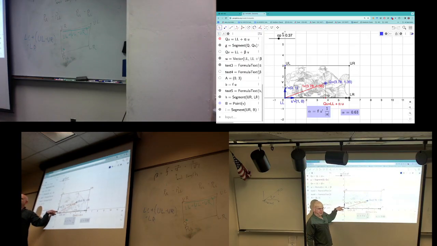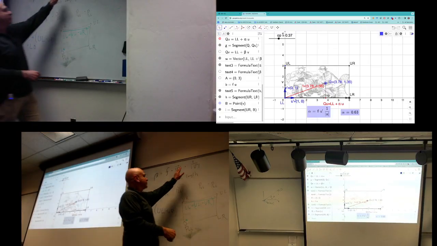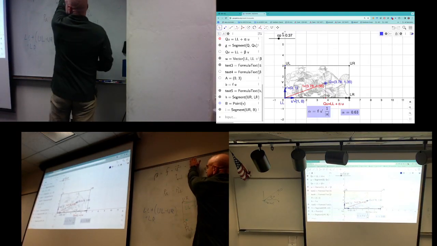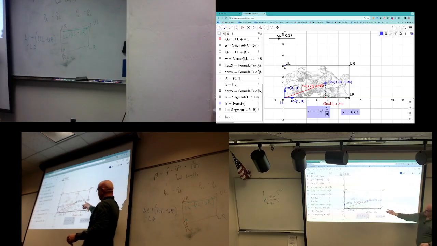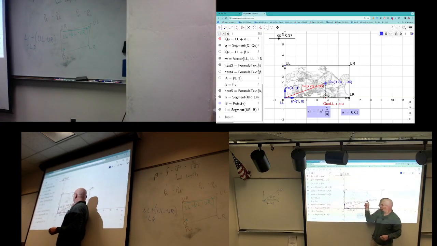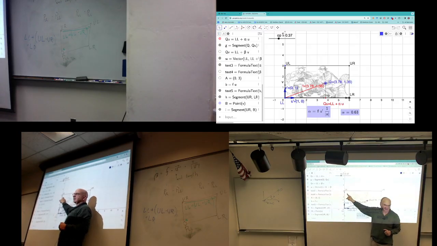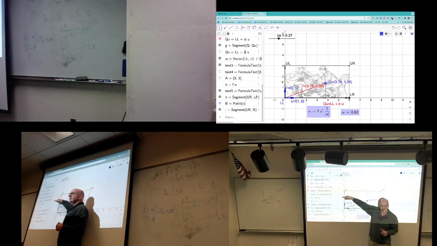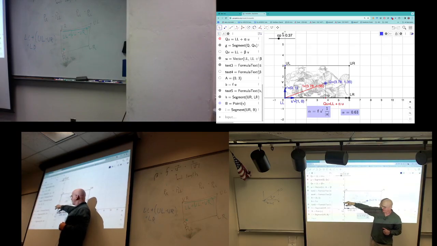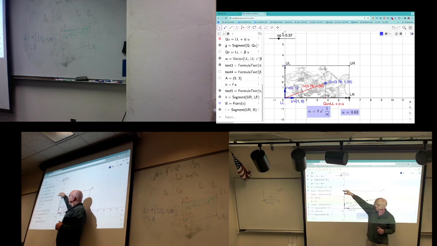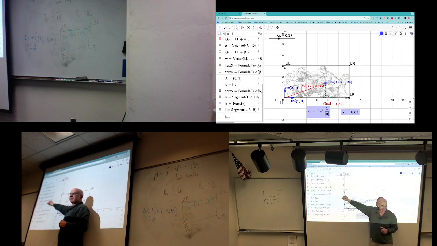Had I not divided, if I just look at this part, then I'm just getting the projection of Q on the y-axis. I divide by the length so I'm getting it in relative terms, so that I'm at 0, 0 in the lower left, and I'm at 0, 1 at the upper left.